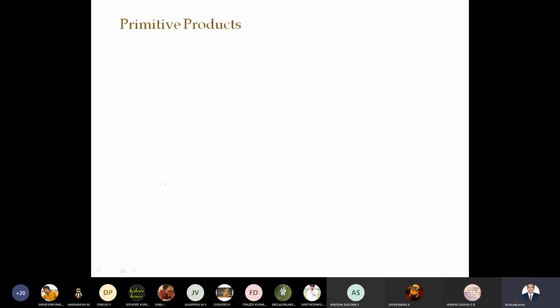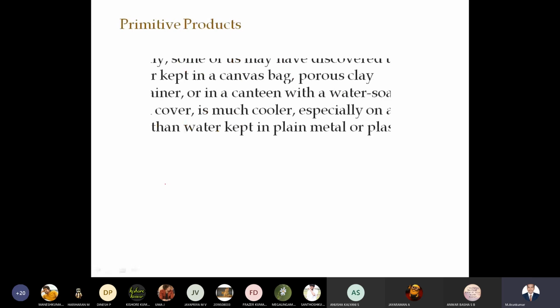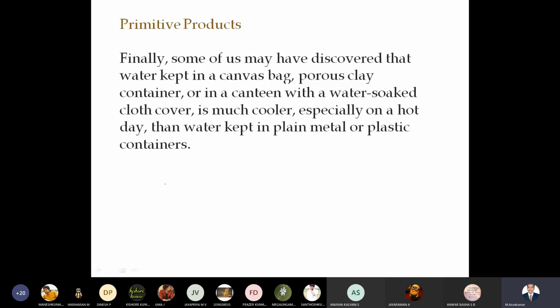So there are other primitive products available. Finally, some of us may have discovered that water kept in a canvas bag, a porous clay container, or in a canteen with a water soaked cloth cover is much cooler. Right. So these three examples are much cooler, especially on a hot day, than water kept in a plain metal or plastic container.